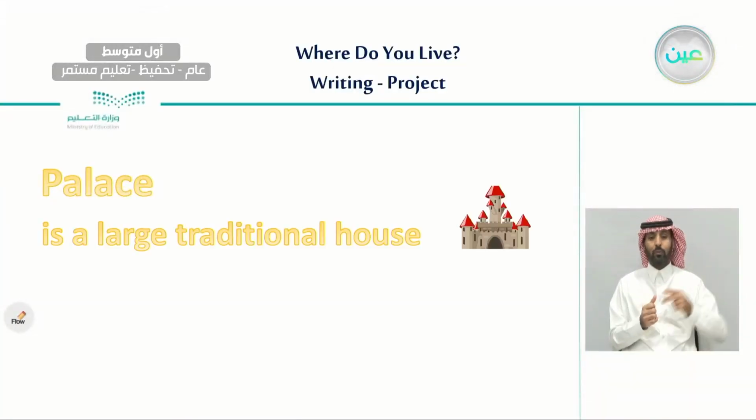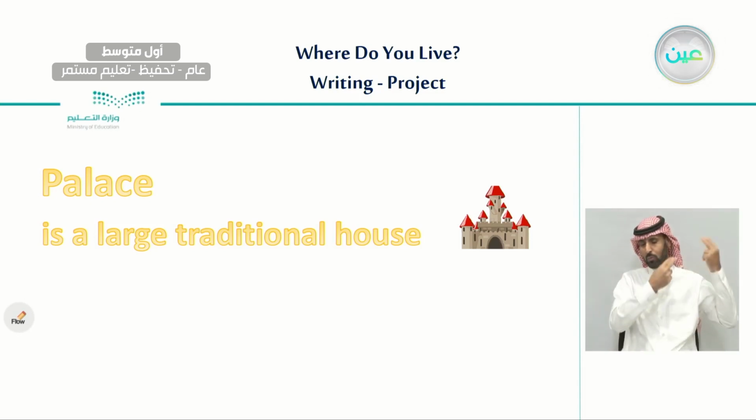So here we have a palace. A palace is actually a large traditional house. So not any house, it's a very large, traditional and old house. Like the palaces we can see in old stories and fictional stories. But here in Saudi Arabia, we also have an example of a palace.